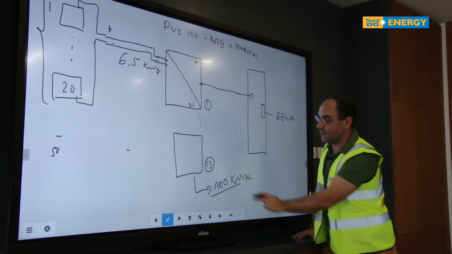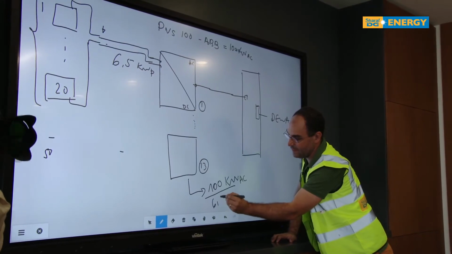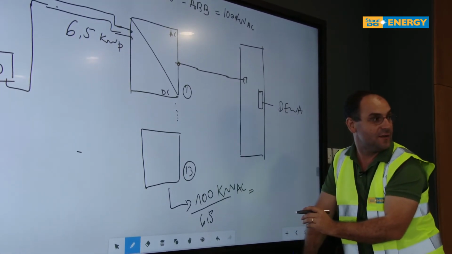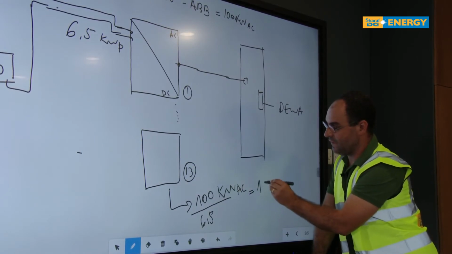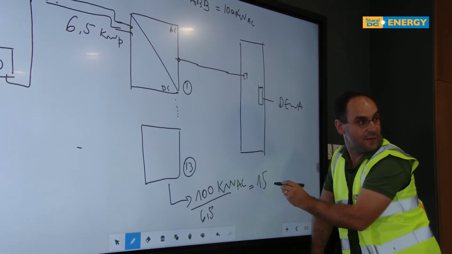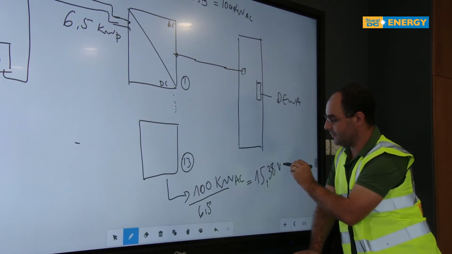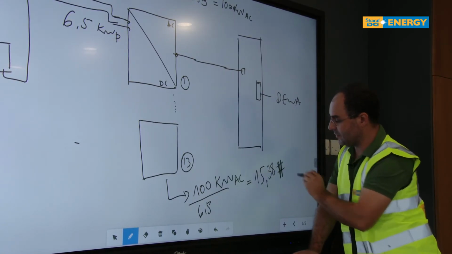So if I divide 100 by 6.5, how much does it come to? 15.38.